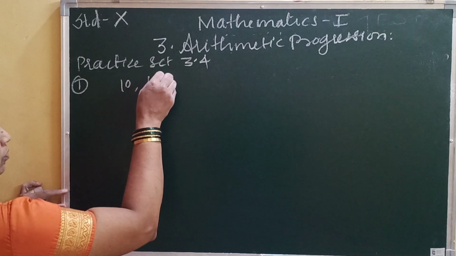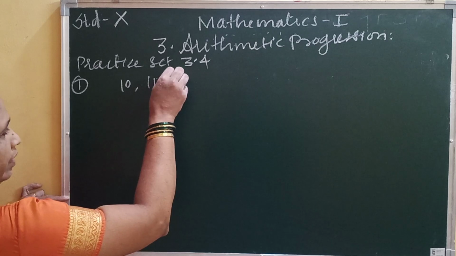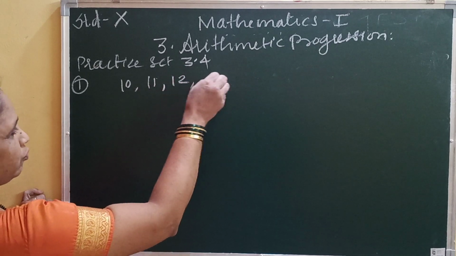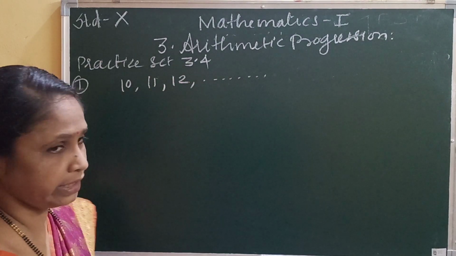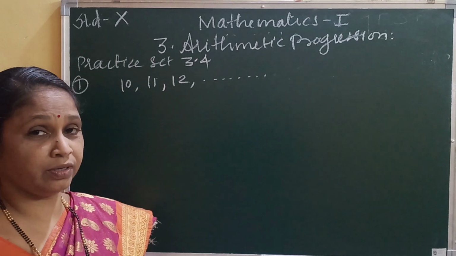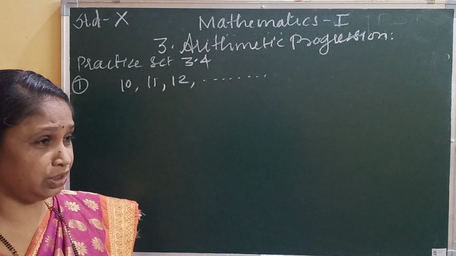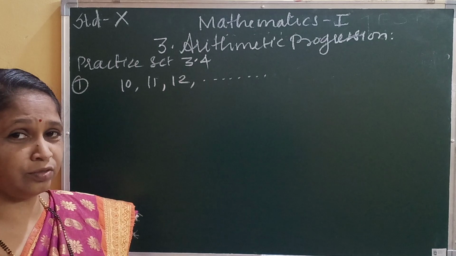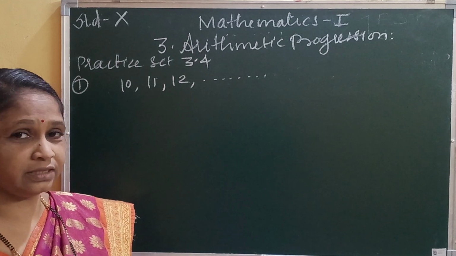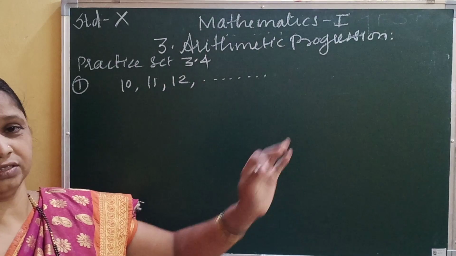First day how much she saved? 10 rupees. Second day 11 rupees. Third day 12 rupees. And she saved up to December 2016. So how many days does it become in total? How many days does she go on saving?